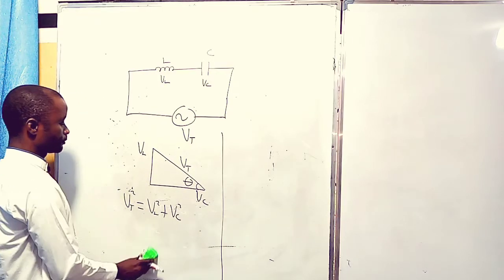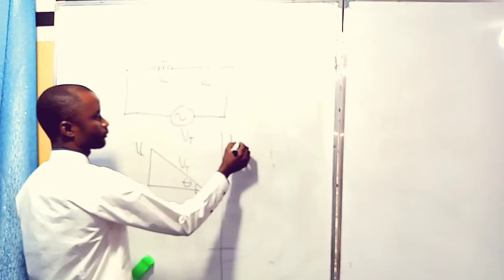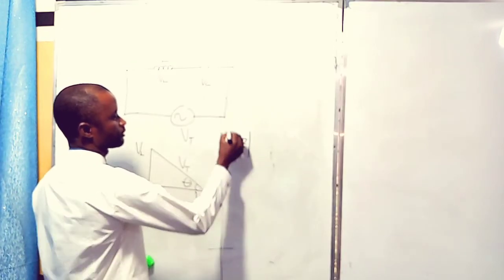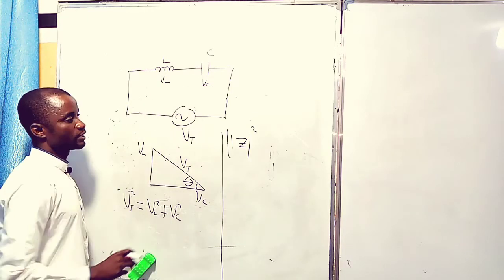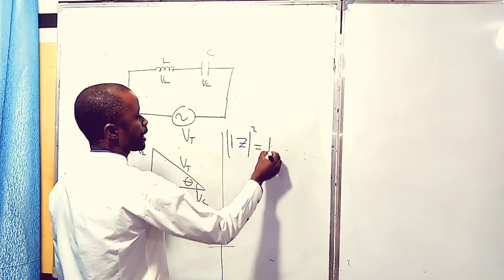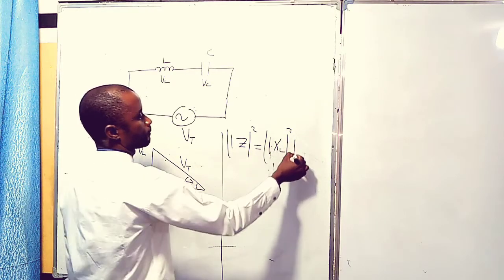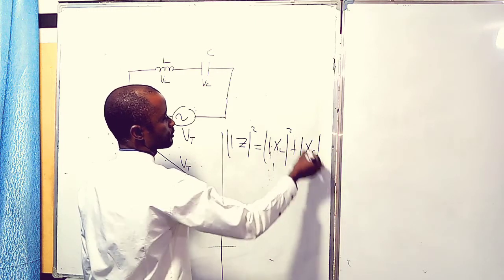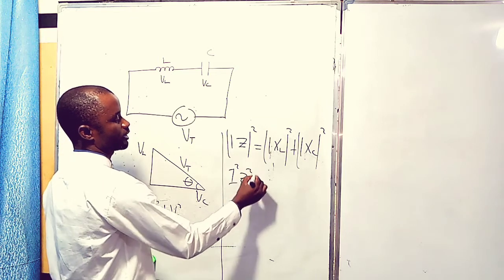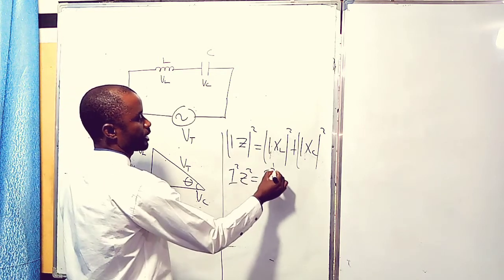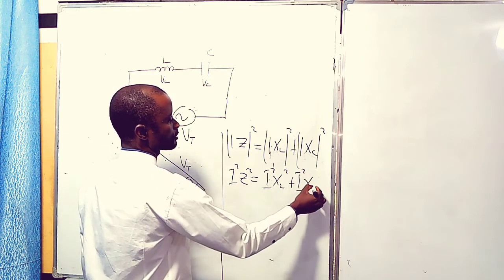Now from this angle, I Z square, that is V is IZ, I'm considering the whole circuit, is equal to IXL square plus IXC square. And then we have I square Z square is equal to I square XL square plus I square XC square.